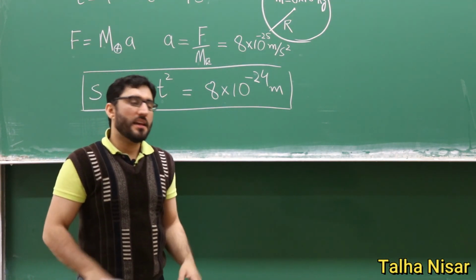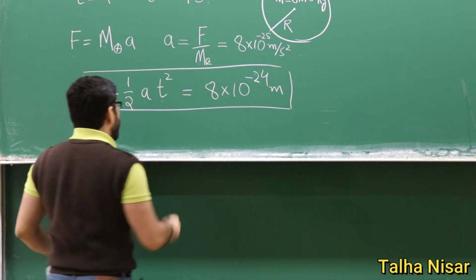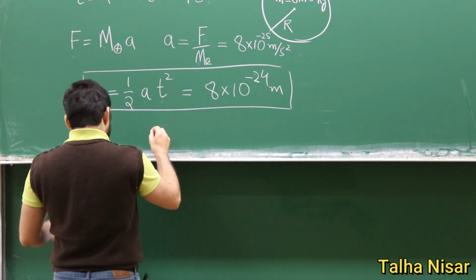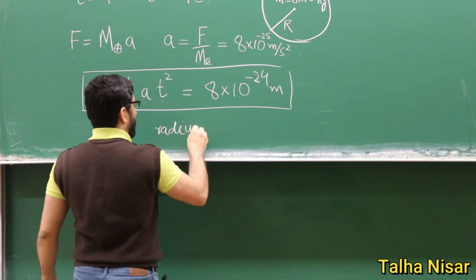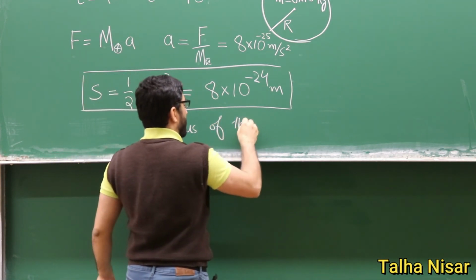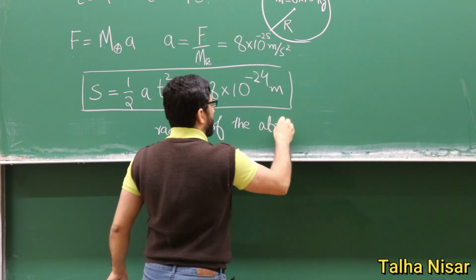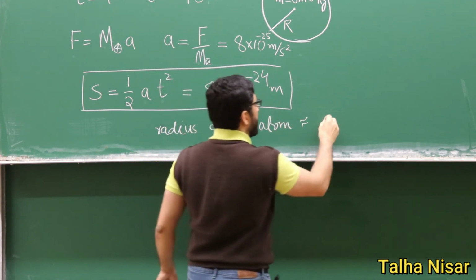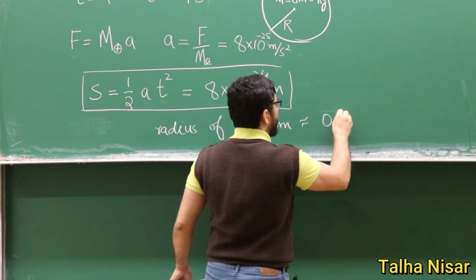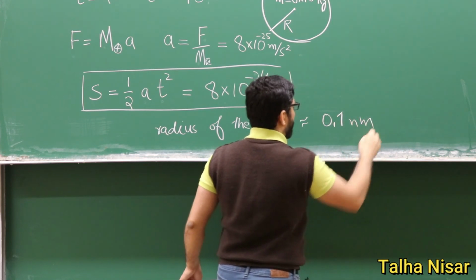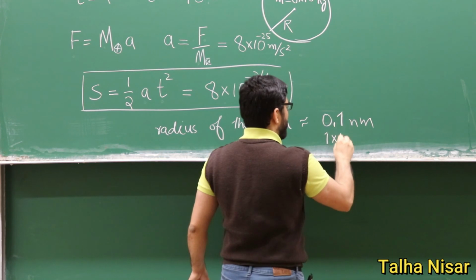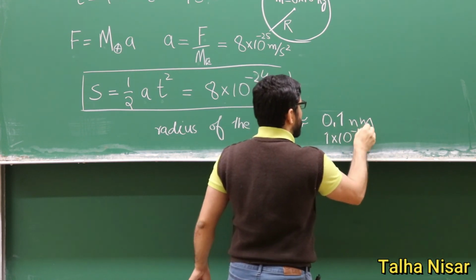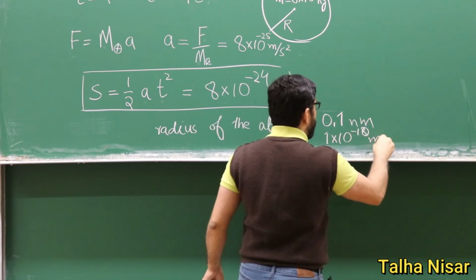If we take the dimensions of the atom, the radius of the atom is approximately 0.1 nanometer, which is 1 into 10 raised to the power minus 10 meters.